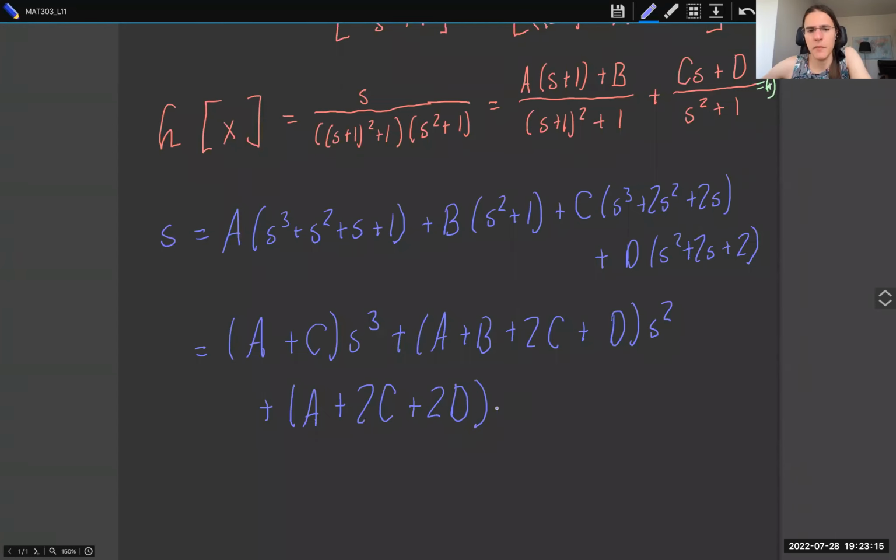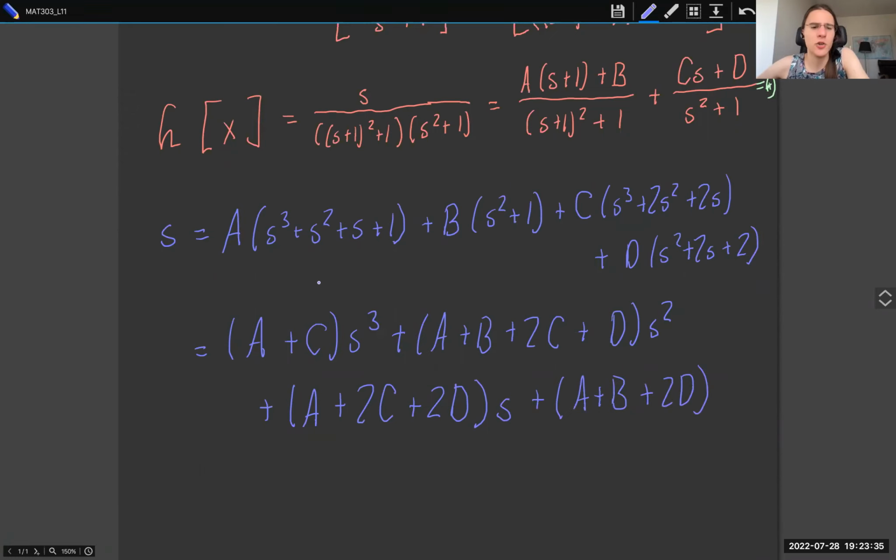And then this is times S. And then we're going to get A plus B, no C, plus 2D.